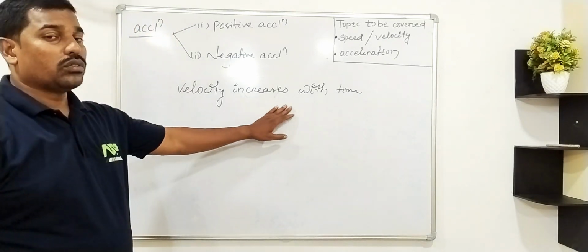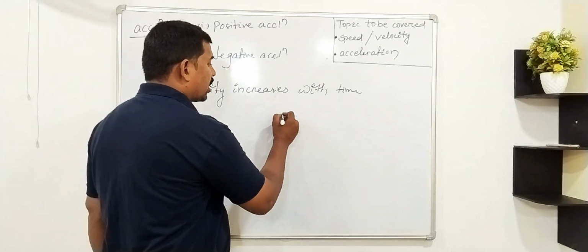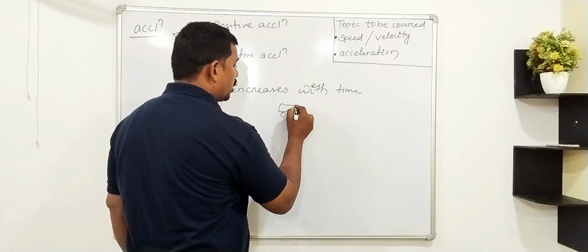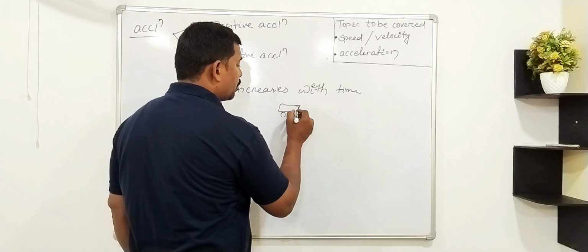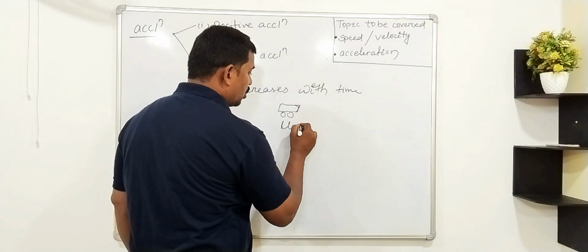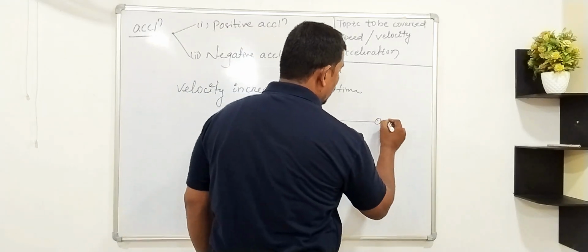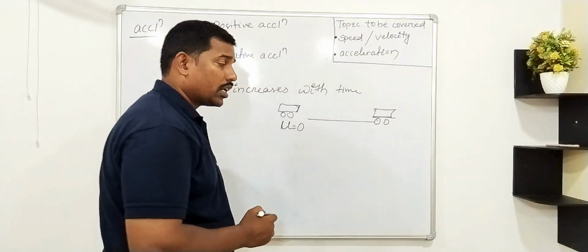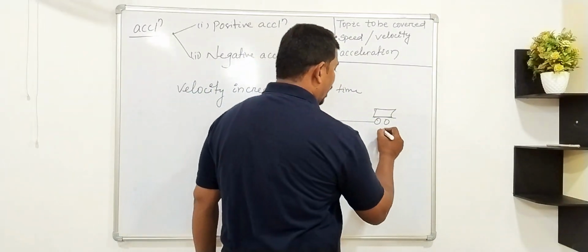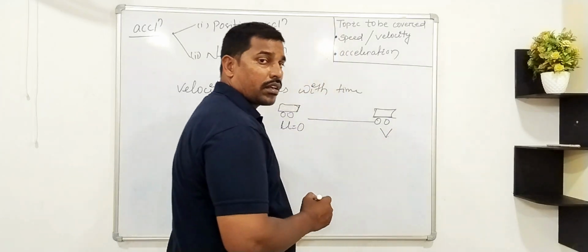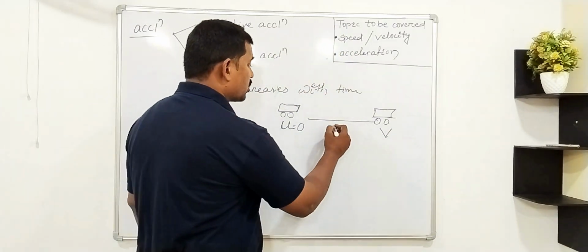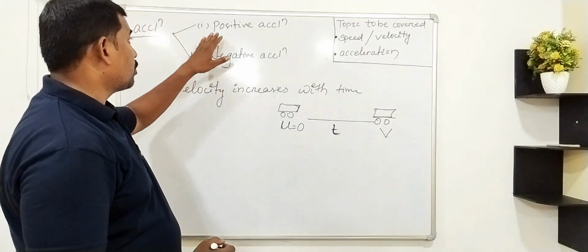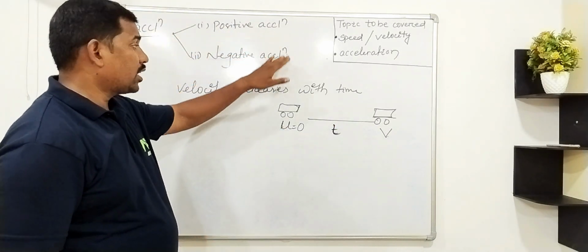For example, a car moving from rest, u equal to 0, and the final velocity became v after some time t. Then we can say the acceleration is positive acceleration.